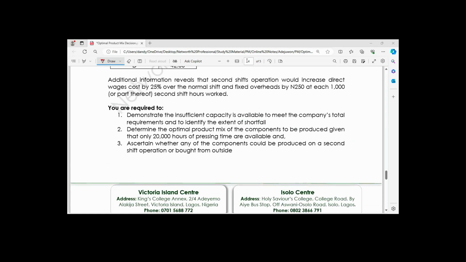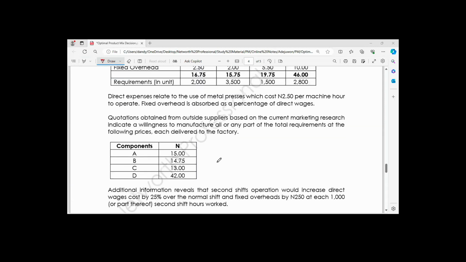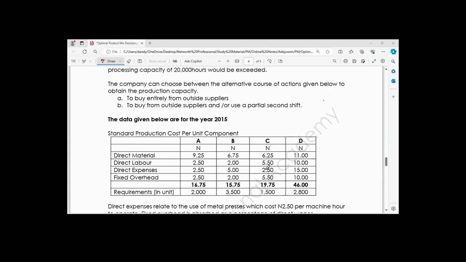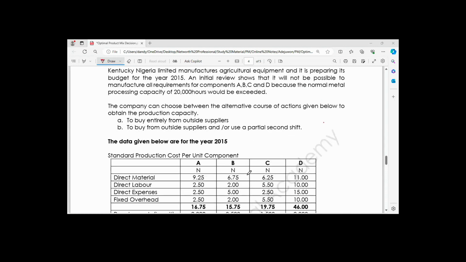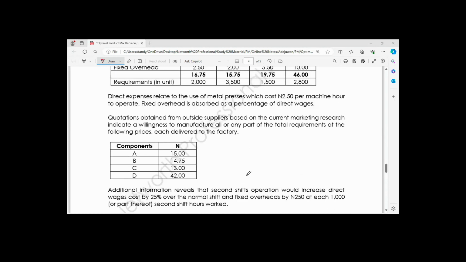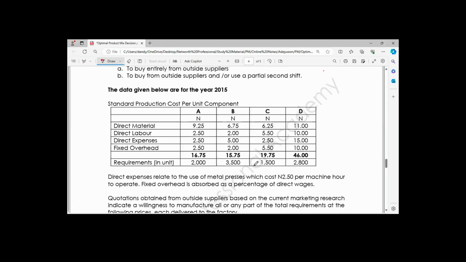That is the question. So the examiner is asking you to demonstrate that insufficient capacity is available to meet the company's total requirements and to identify the extent of shortfall. Now, when you look at this question, the examiner has given you a supplier's quotation. So once you have a supplier's quotation, it means that this is a limiting factor involving make or buy.